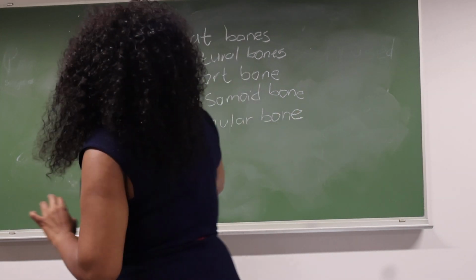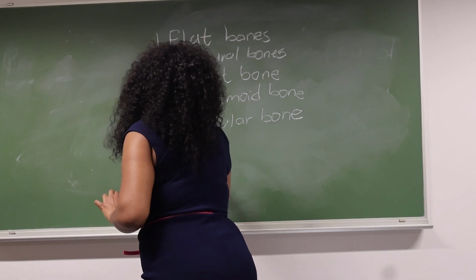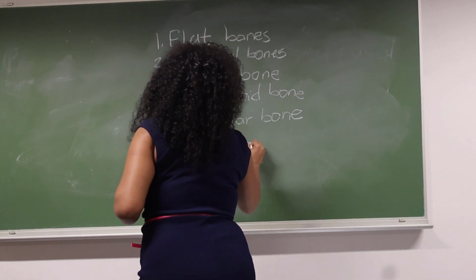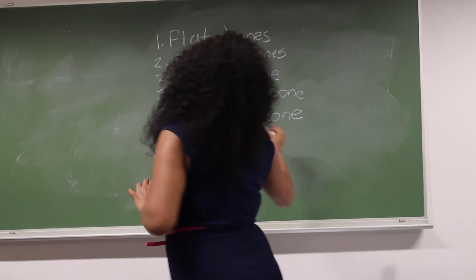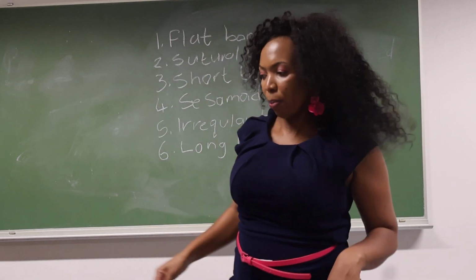Number 6 is our long bones. So these are the different shapes of the bones.